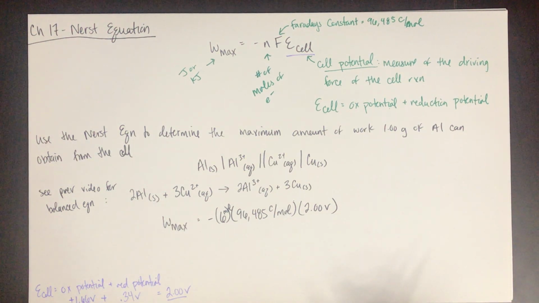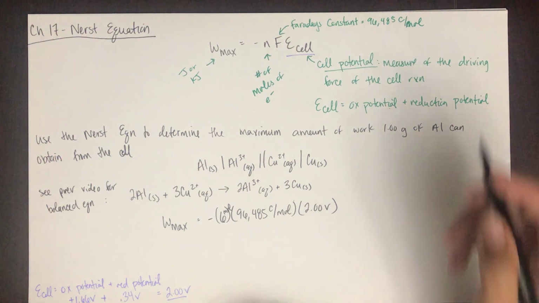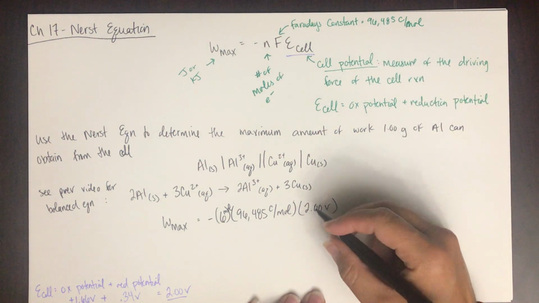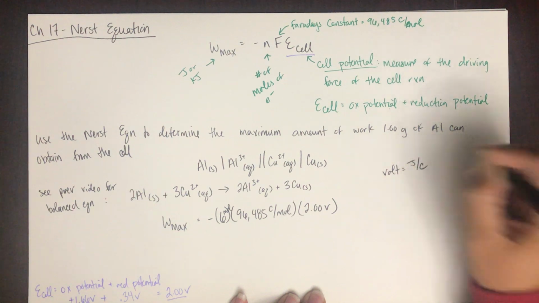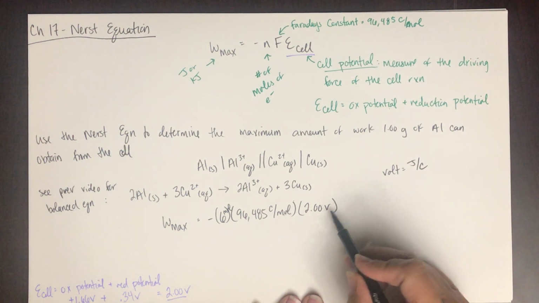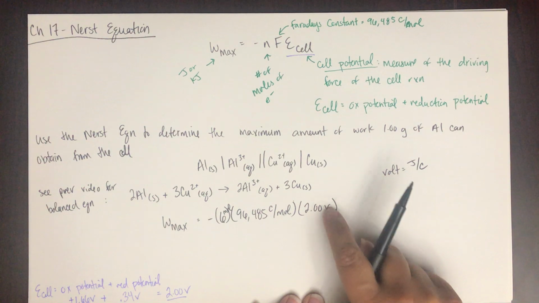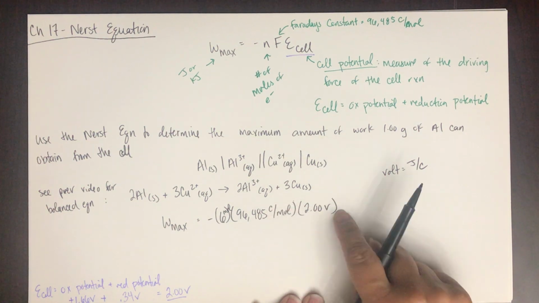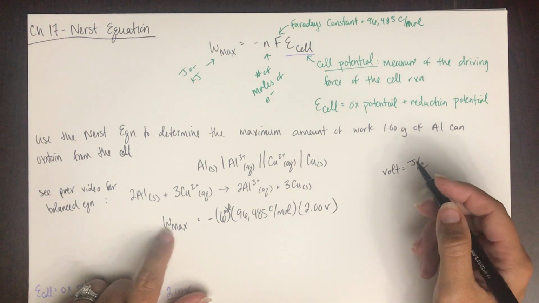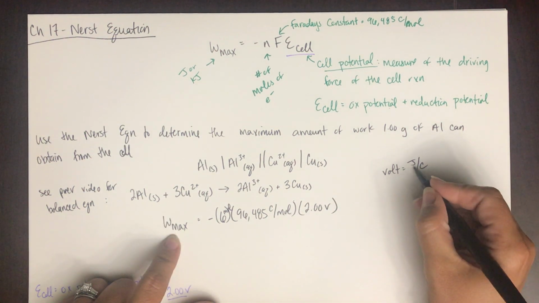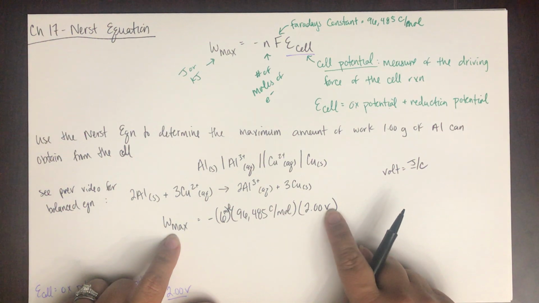So, moles will cancel, and a volt is a joules per coulomb. So when you solve for this, you get these volts, the joules per coulomb. The coulomb will cancel, and you're going to be left with joules, which is why the maximum amount of work is going to be in a unit of joules when you use a unit of volts.